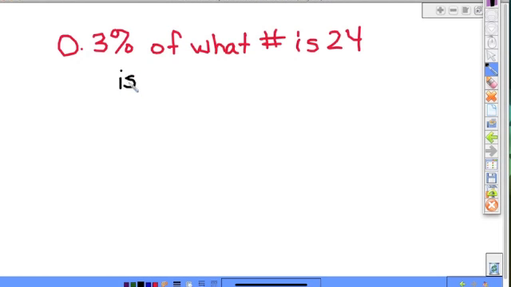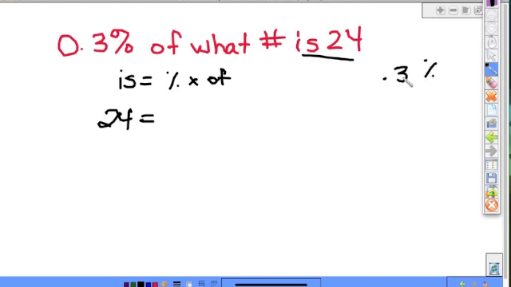Remember, this is equals percent times of, if you want to remember it that way. Here's our "is" number, 24. Our percent, 0.3%. We're going to move to the left, so I add in 2 zeros. So I get 0.003. And our what number? Our "of" number, we don't know it, so we put x.